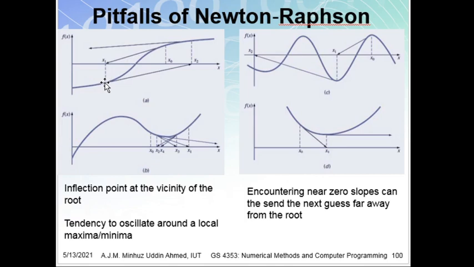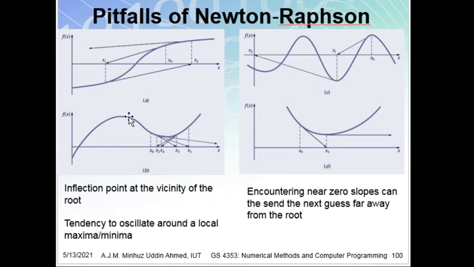From this point on the function, I take the slope again, and it goes towards this point and intersects here. I go to the function at that point and take the slope again, and now it is gradually diverging from the original root rather than converging. So it might create problems in such cases.